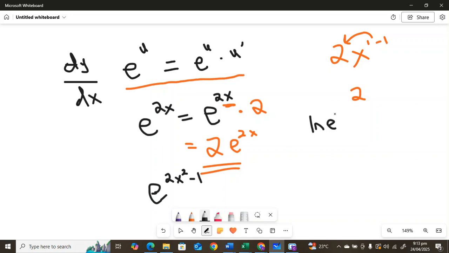Oh, okay. So I have to show you how to derive natural logs, then I'll give an example there. Yes, that one is for deriving natural logs. We'll come to it, okay?